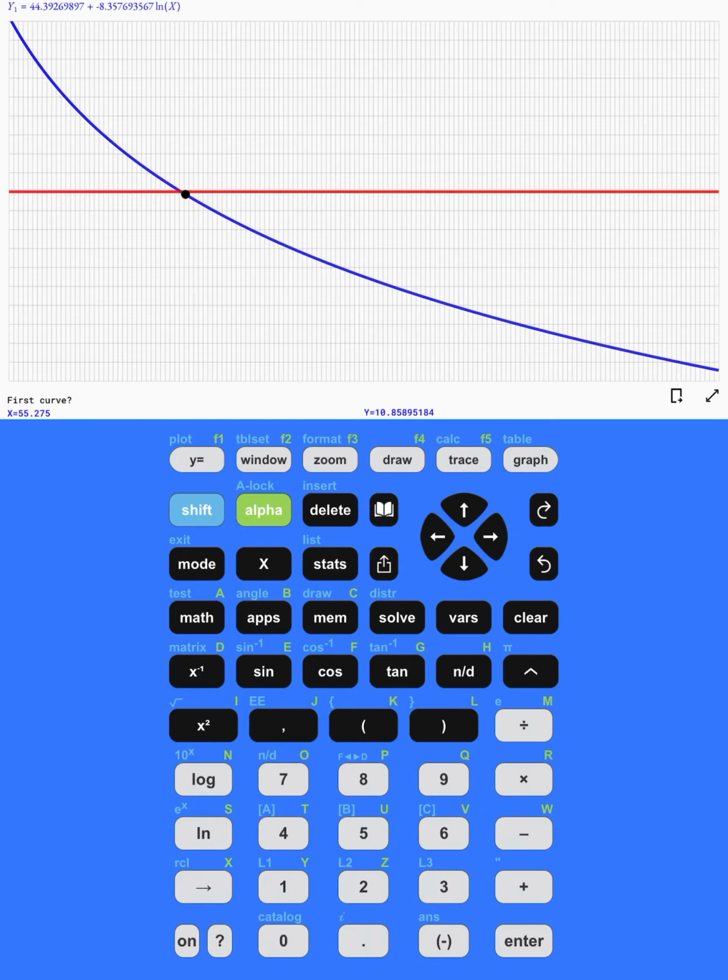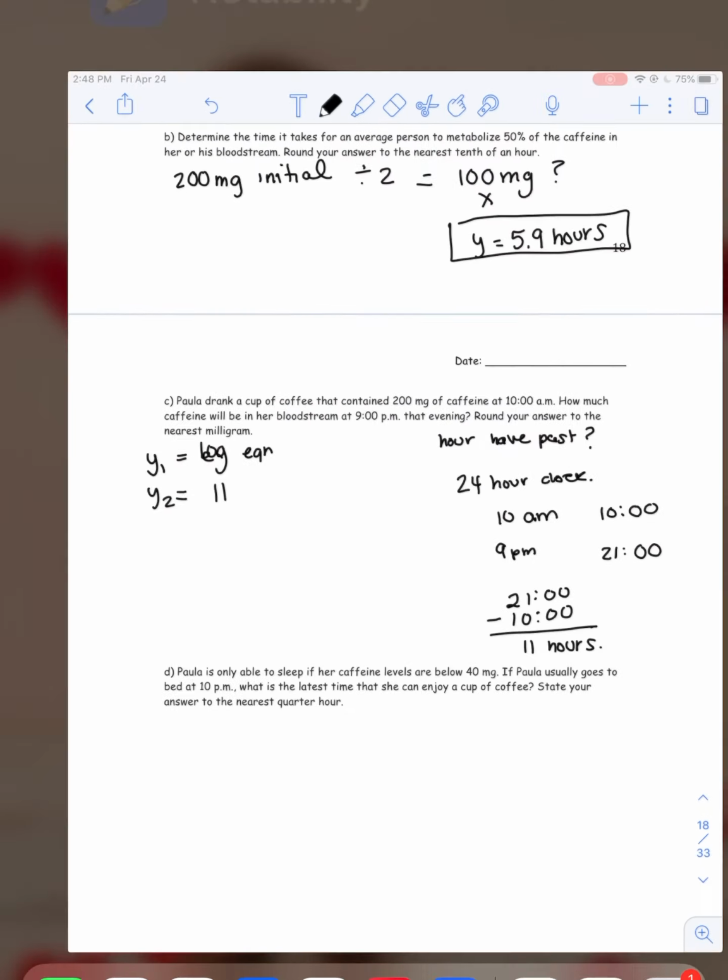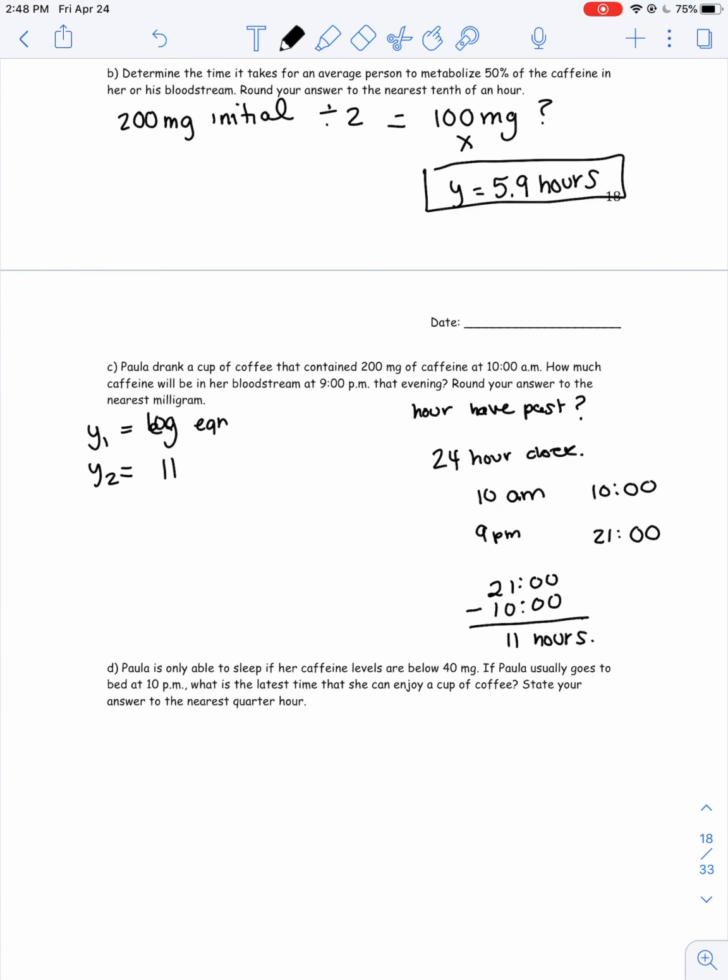Move your cursor as close as possible to the intersection, and then press enter 3 times. You should find that there is 54 milligrams. So in our answer, we're going to find that there's 54 milligrams of caffeine in the body after 11 hours. That's our answer here, because it says round to the nearest milligram.